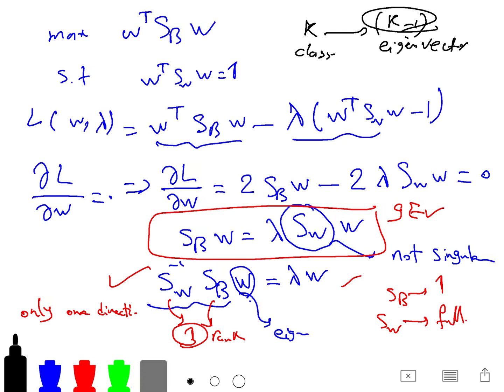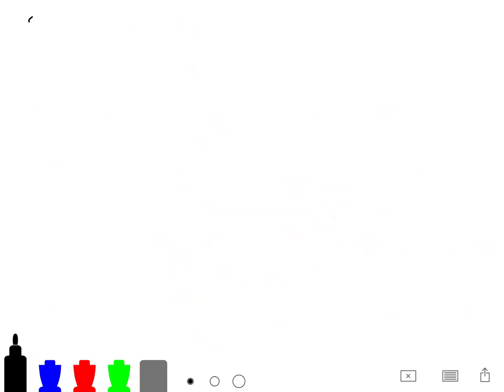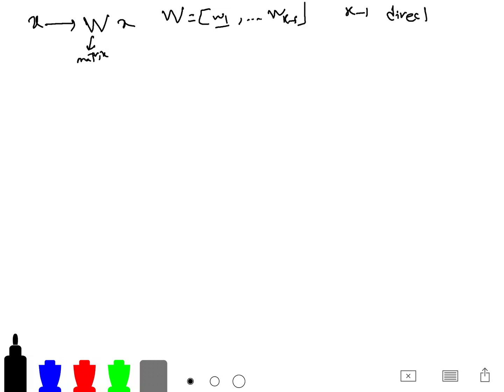And so let's do it for K classes, because now this is just a transformation. W is no longer a vector. This is a matrix. So it's a generalization, because W is something like this: W 1 up to W K minus 1. We want to find K minus 1 directions.